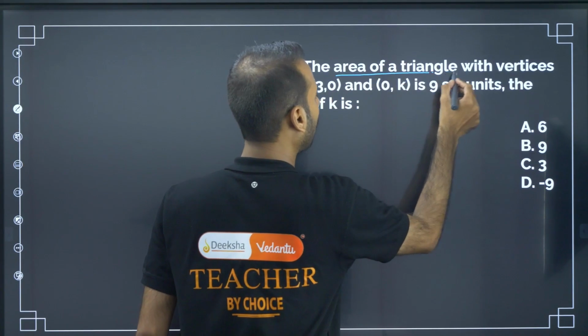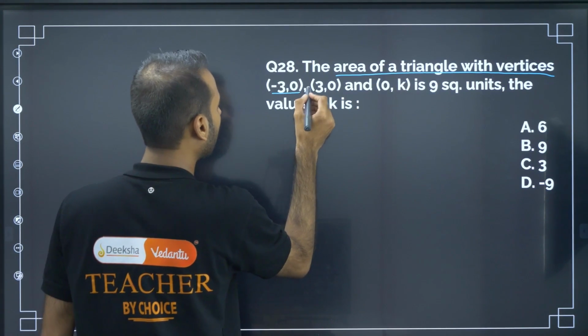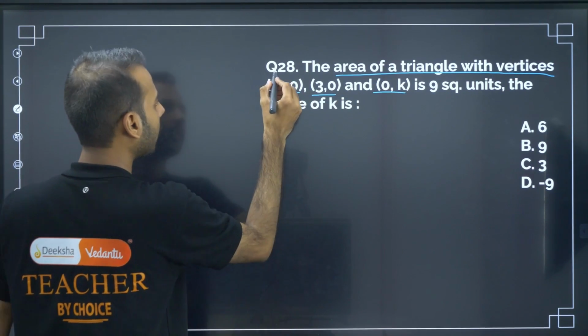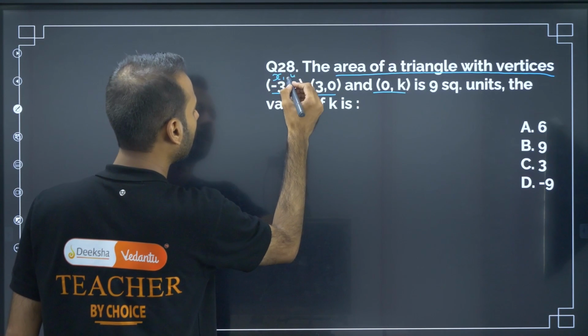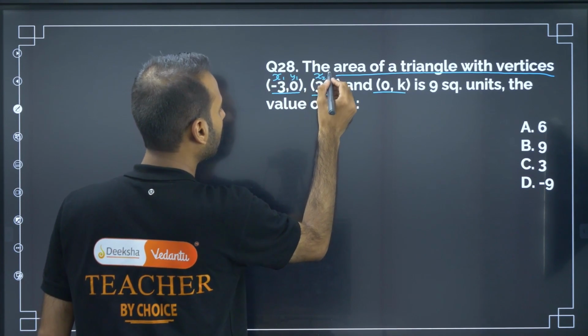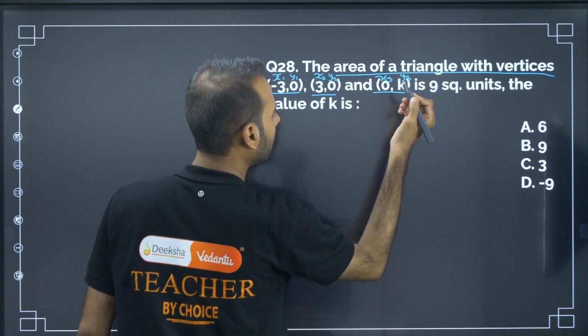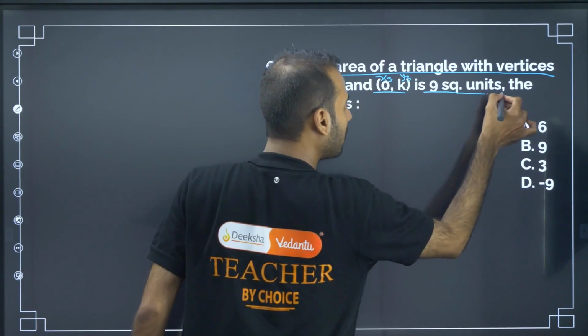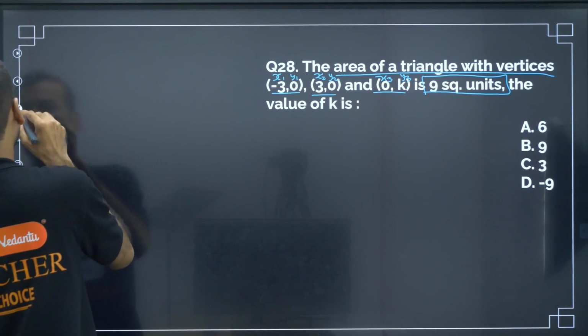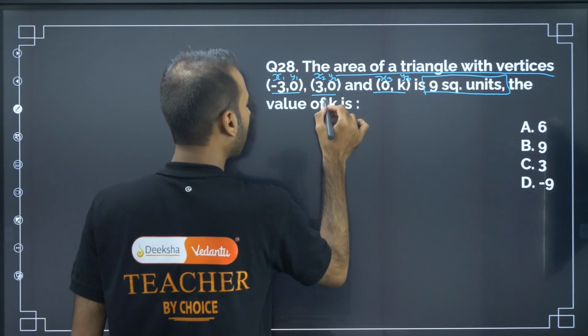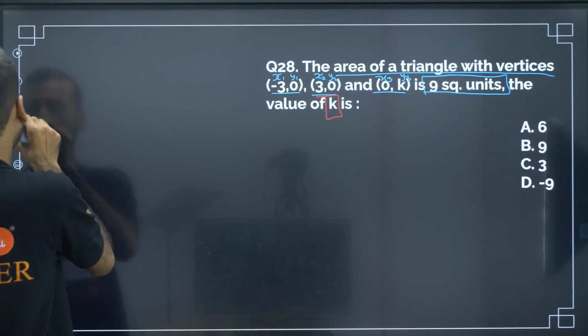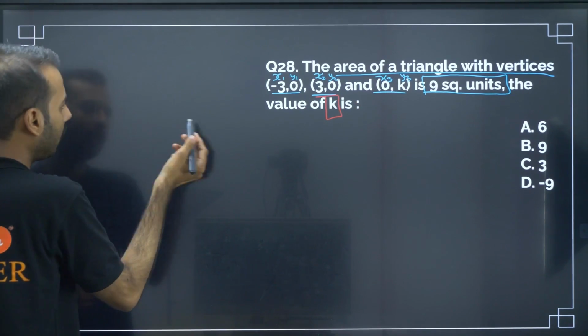given? The area of a triangle with vertices, this they have given. That means if I mark this as x1 y1, x2 y2, x3 y3, and the area is 9 square units, then what is the value of k? Just now I have written the area of a triangle in this video itself.